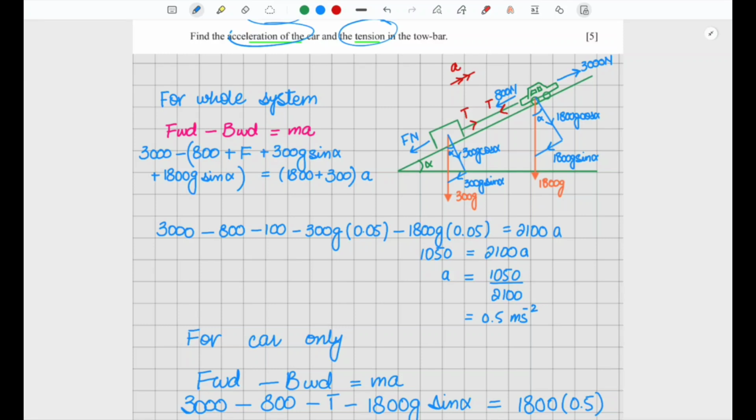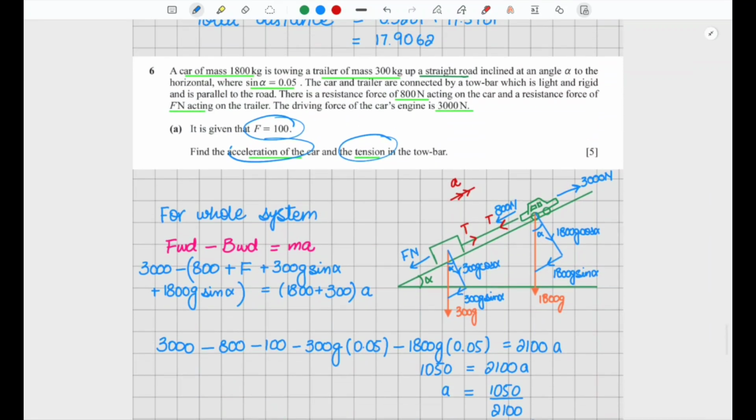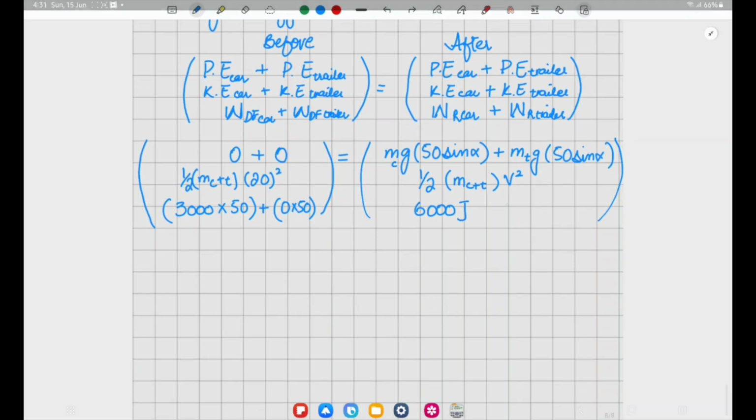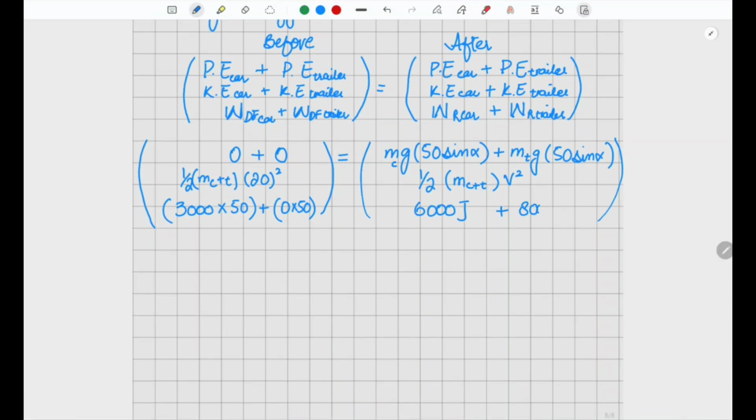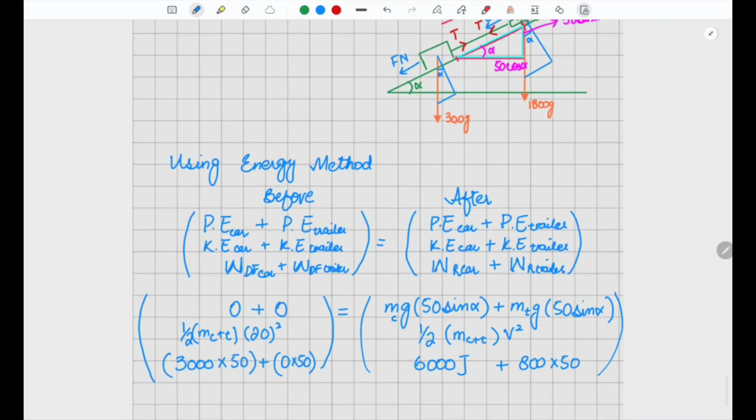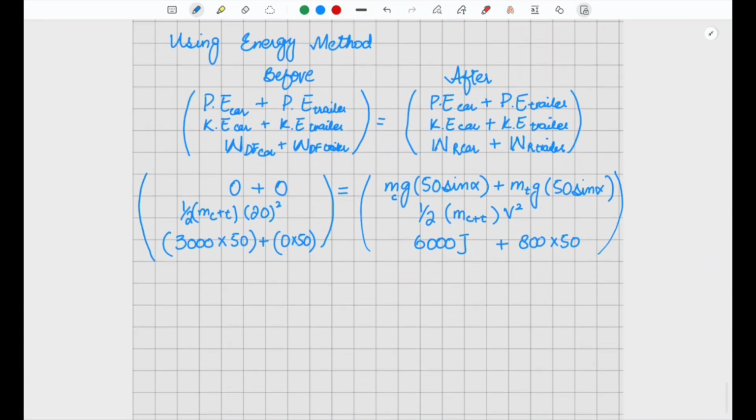The car's resistive force was 800, so it will stay the same. So 800 times 50 against resistance for the car, and 6000 is for the trailer.